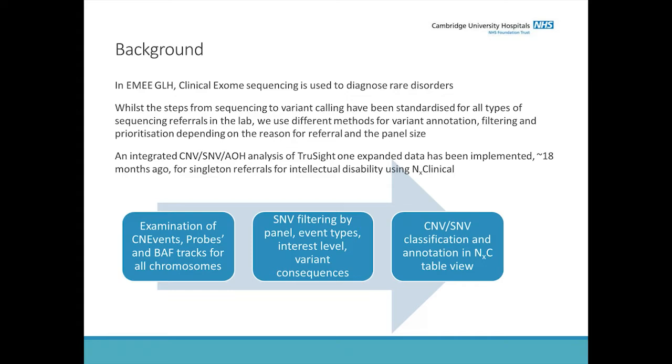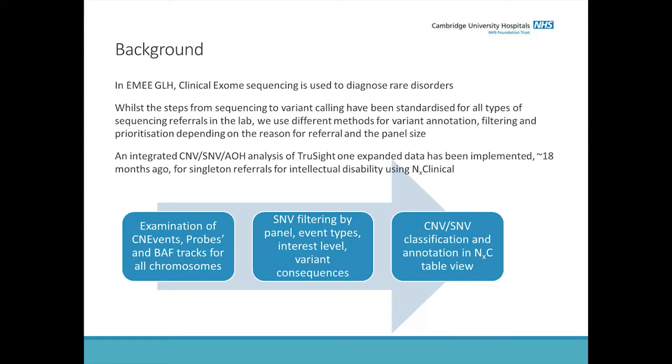So we all know that whilst the steps from sequencing to variant calling have been standardized for all types of sequencing referrals in our lab, we are aware that we use different methods for variant annotation, filtering, and prioritization depending on the reason for referral and the panel size.